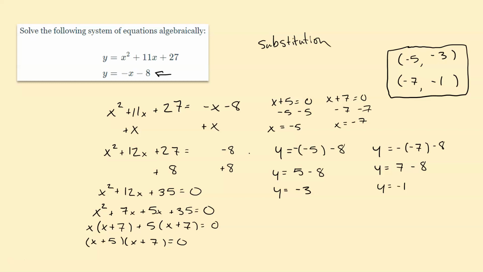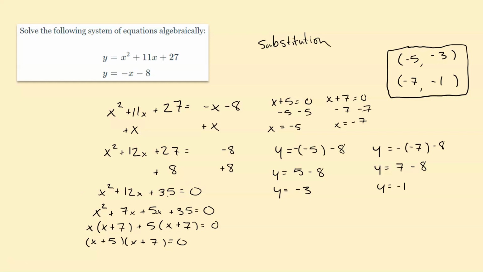A lot of work to do on those, but all stuff that we have done before. This is a new way of combining these steps. So again, the first thing we did was substitution. We have y equals y here, so we can set these equal to each other. And then the next thing we did was we got everything on the left side of the equation, so that it was a quadratic equaling 0.